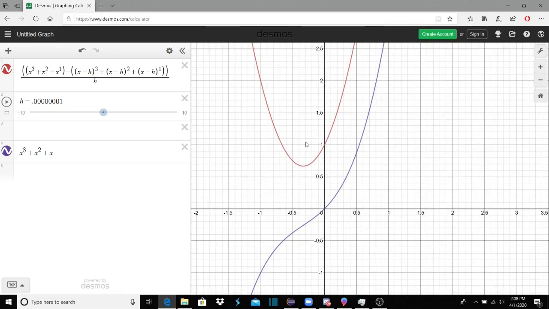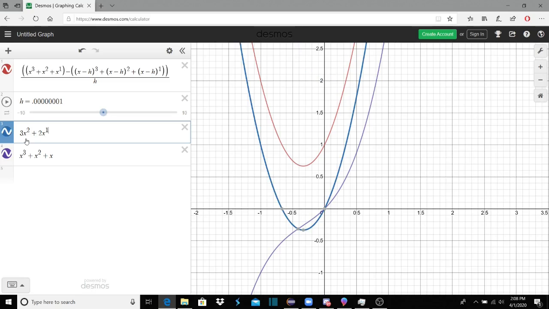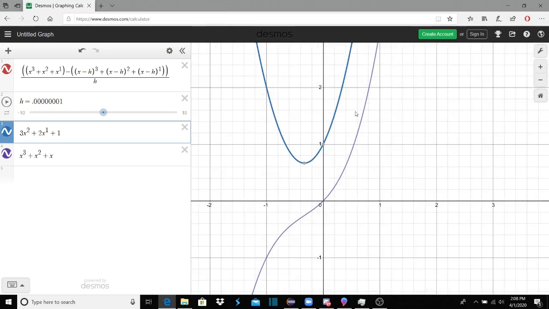So we got our derivative, and now I'm going to go ahead and show you what the actual derivative is. So we move 3 in front, we decrement that, so it's just 3x to the second. Oh, this is so fun because we get to see it do weird stuff. And then it's going to be 2x to the first, all right, plus 1, because as we've gone over before, that's it. And look at that. We did the power rule, and we got the answer.